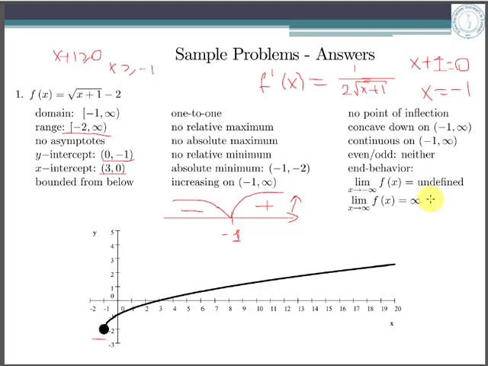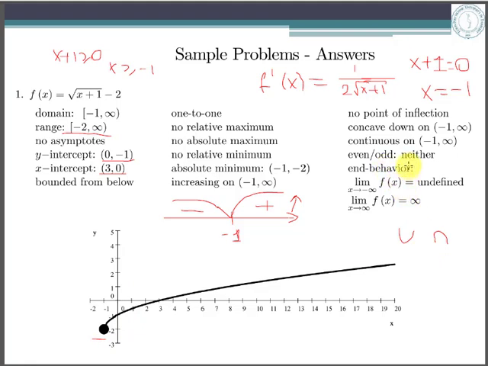If it goes from concave up to concave down, or from concave down to concave up, then we have inflection points. In this case, it is concave down from minus 1 till plus infinity. You can see it by the graph also.